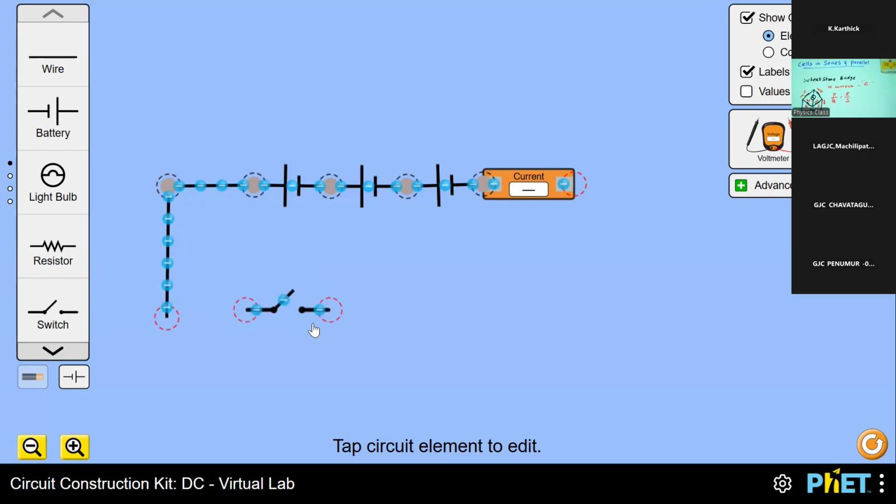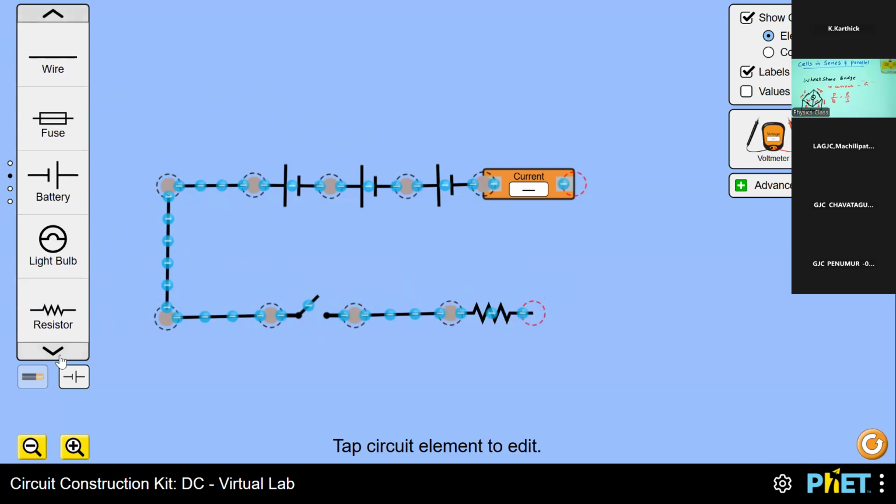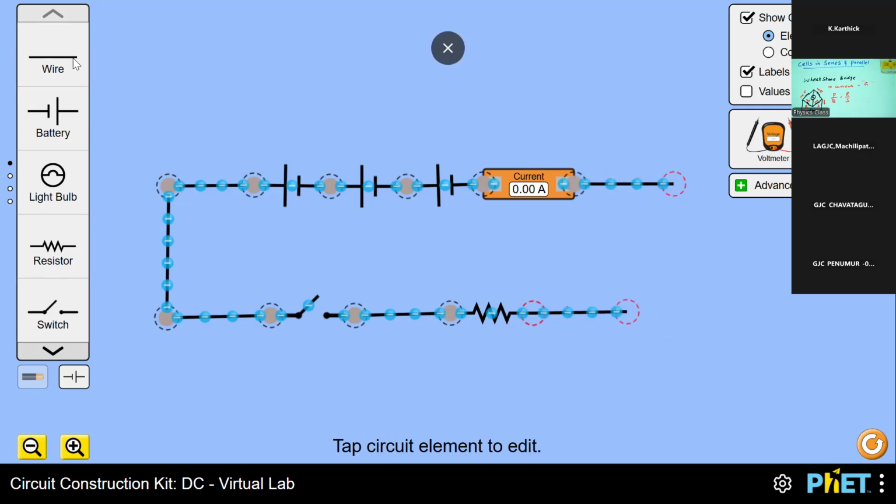Then we can add the switch here, and add one resistor here.